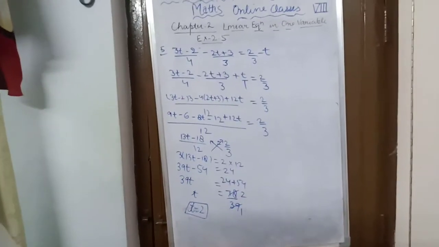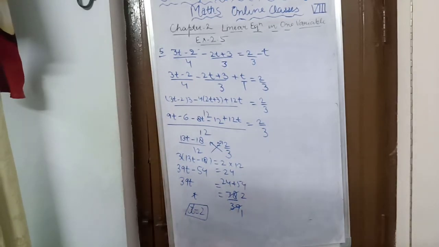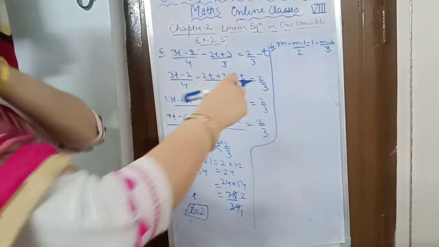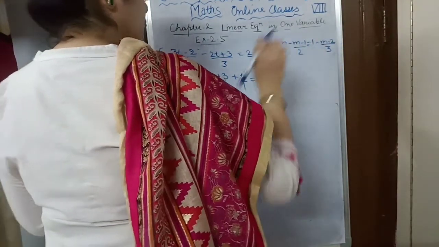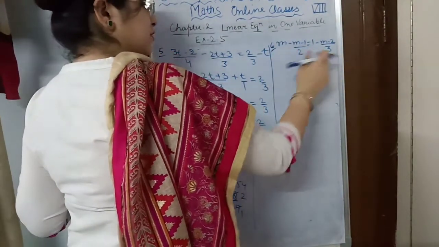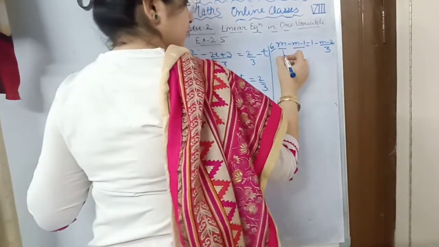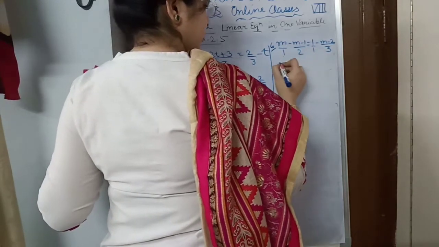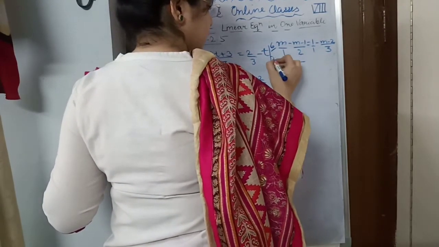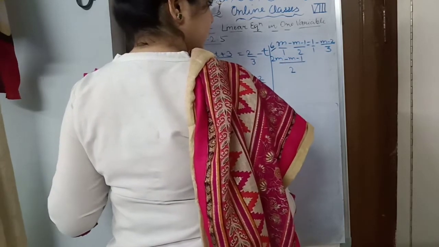Okay, very easy now. Now sixth part is, sixth question is m minus 1 upon 2 is equal to 1 minus m minus 2 upon 3. Again m is present on both the sides, so we have to find the value of variable m. So what we will do, we will take the LCM 2 and 3. LCM of 1 and 2 is 2, so it will be 2m minus m minus 1.